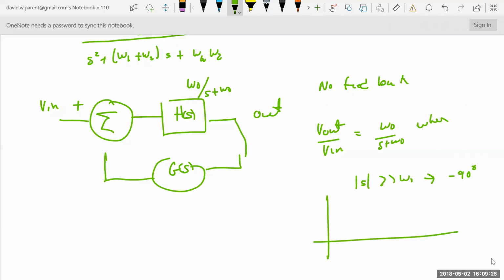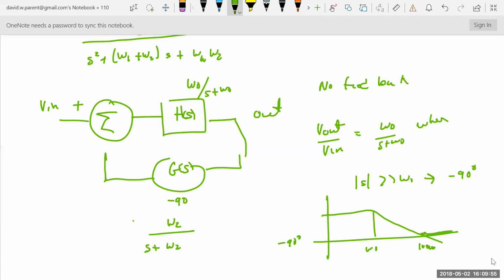So on the Bode plot, right, if that's omega naught and this is 100 omega naught, I should be getting minus 90 degrees of phase. Anything below that, that means I should be able to have another minus 90 degrees of phase. So I could have another transfer function, omega 2 over s plus omega 2.